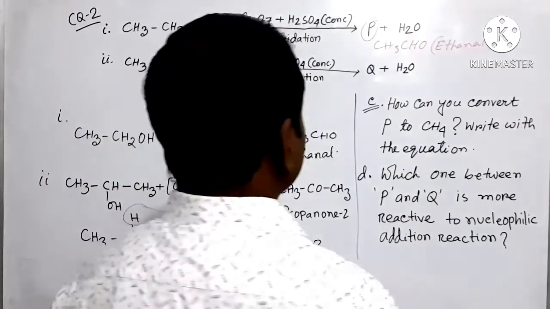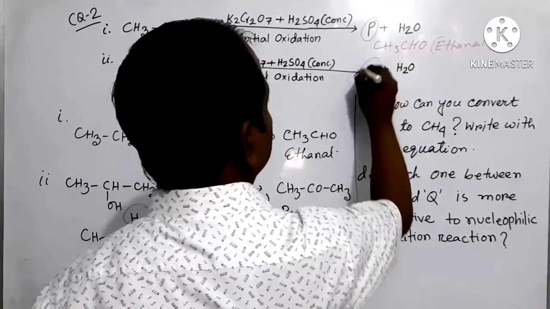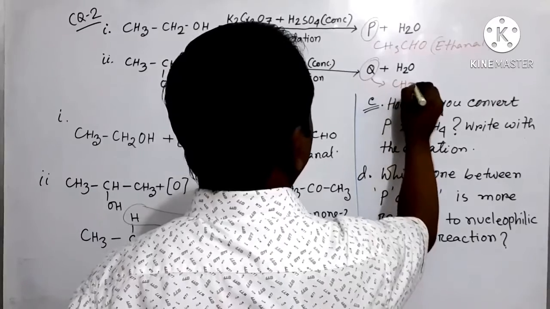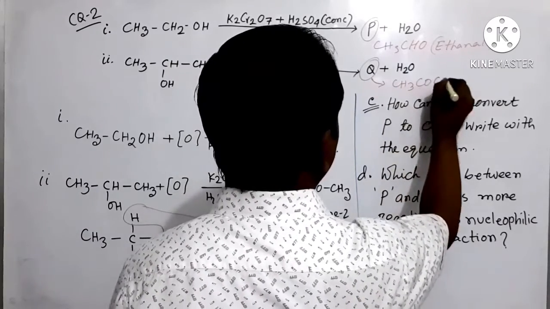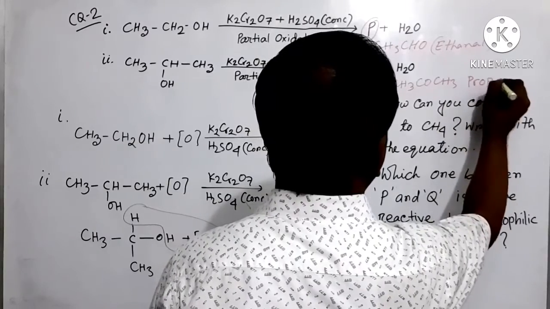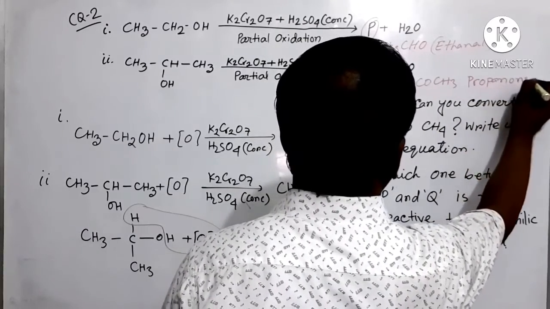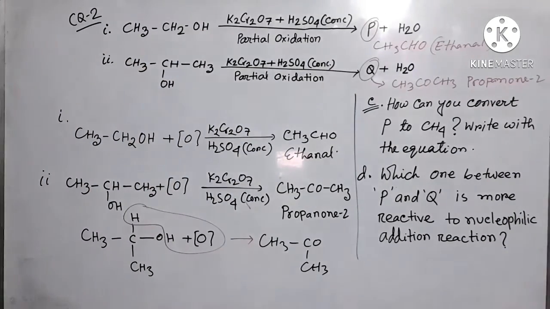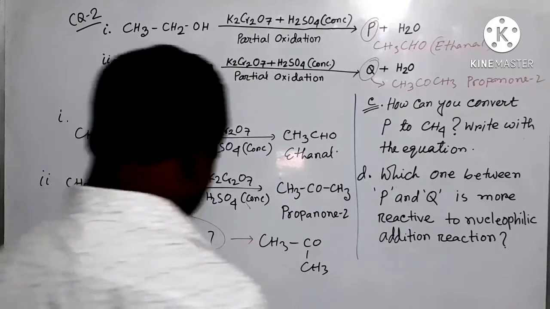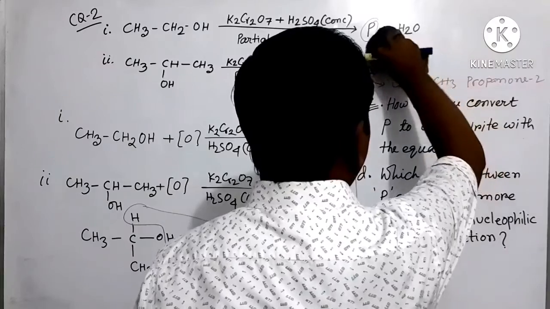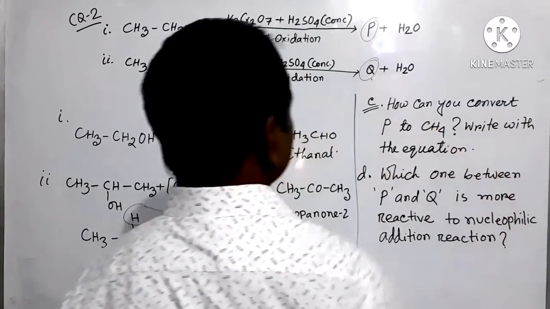So here compound Q is CH3COCH3, propanone-2.